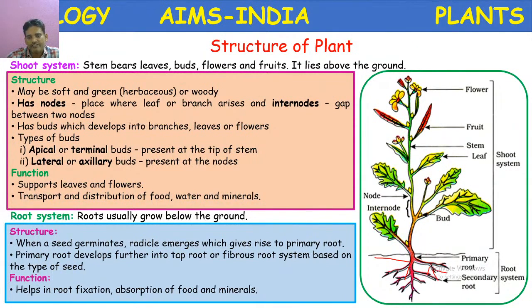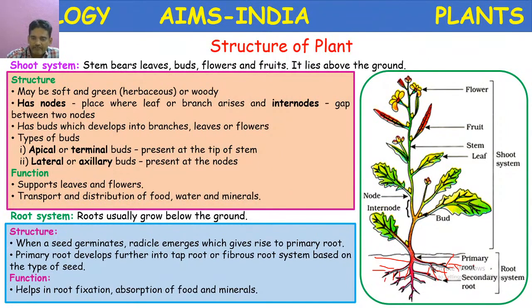Several hair-like structures also grow, because the main function of the root is to anchor the plant in the soil, or help in the fixation of the plant in the soil. It's a very, very important function.